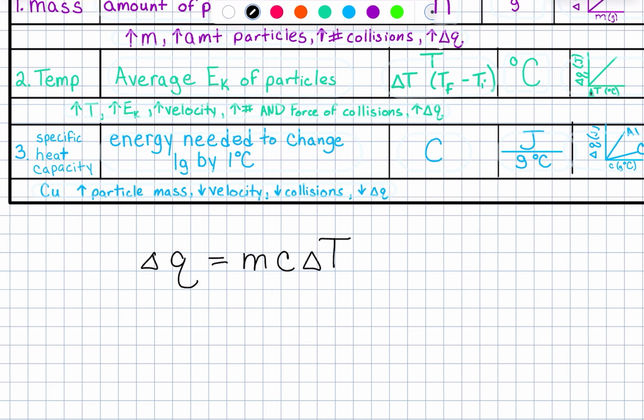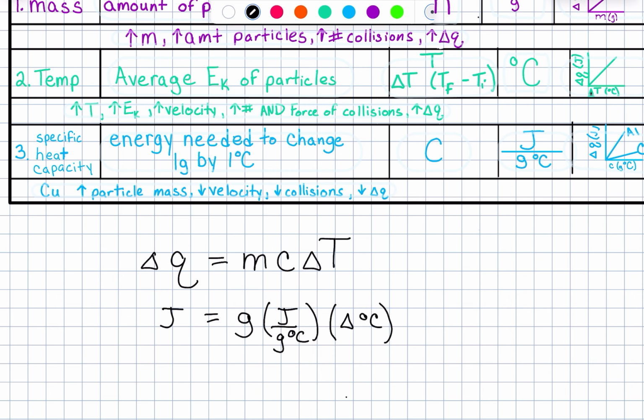When we look at our units, my unit for energy is joules, equals grams times joules over grams degrees Celsius times the change in temperature, so the change in degrees Celsius.